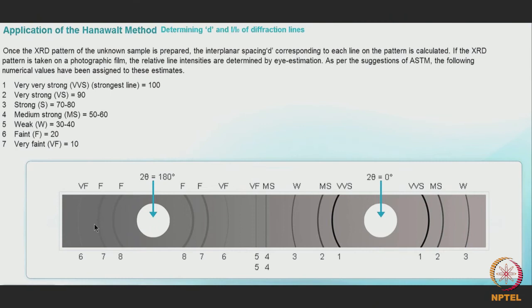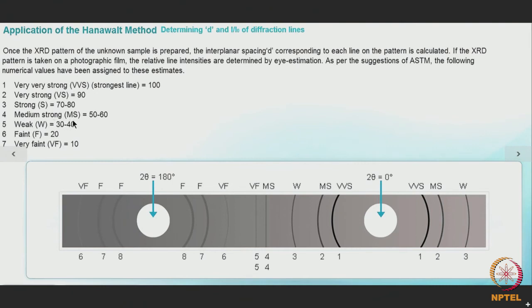Normally, the relative intensities are determined for the purpose of qualitative phase analysis by eye estimation. Again, ASTM has suggested that the strongest line in the pattern should be given the tag very very strong, VVS. So, its relative intensity is taken as 100. Then comes the very strong or VS lines having relative intensity around 90. Then comes the strong lines with relative intensity between 70 to 80.